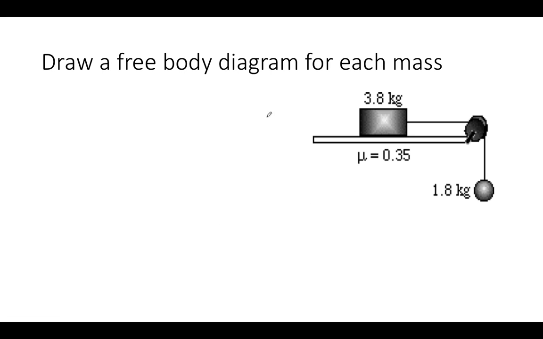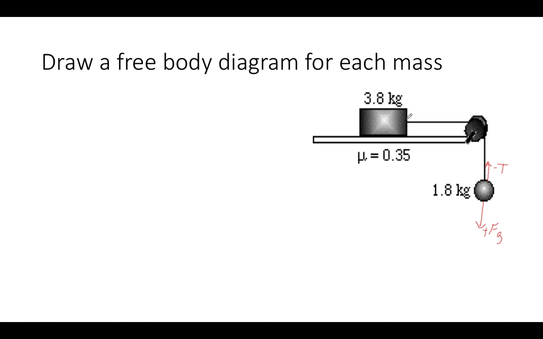So if we take a look at this diagram, over here, the 1.8 kilogram mass is going to have a force of gravity acting down. That's the positive direction because, as we saw in the last set of notes, the direction that the system moves is the positive direction. And then there's going to be a tension force pulling up, and that's negative tension.